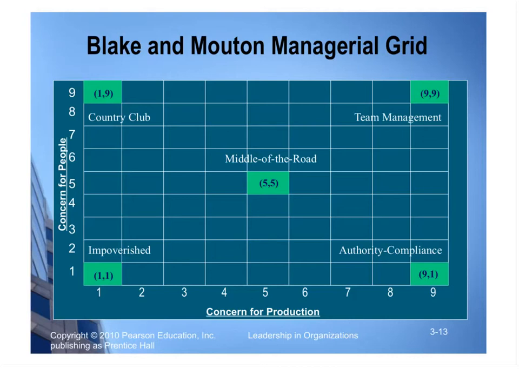You want to make sure that you take good care of your staff, your people, and of course you want to be concerned about the production. Let's say you are producing a certain product, you want to make sure that your performance and your production is at the highest level possible. So this grid is basically telling you how the managerial grid is going to work.